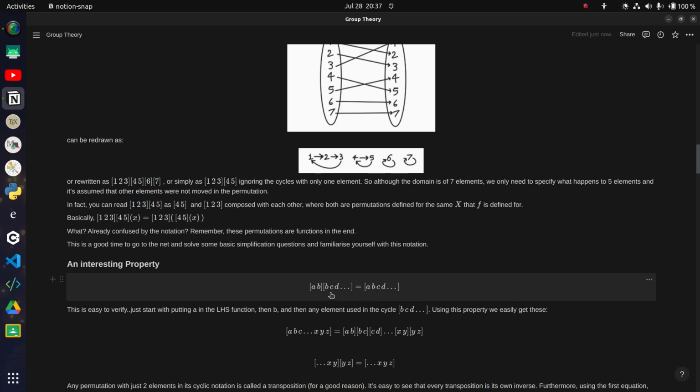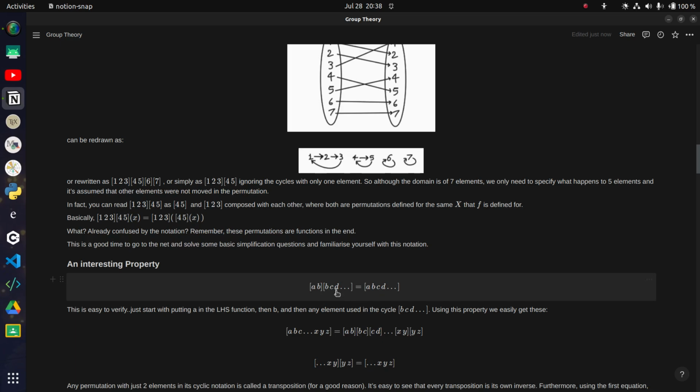What about B? Well, B gets sent to C, but nothing happens to C in the next cycle, the smaller cycle of 2 elements, so B just goes to C. Then what happens to C?